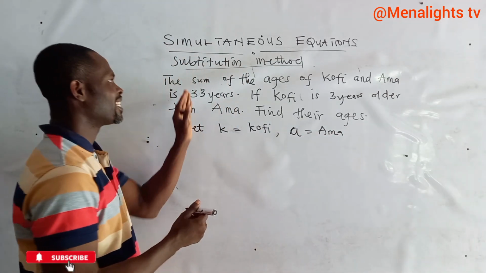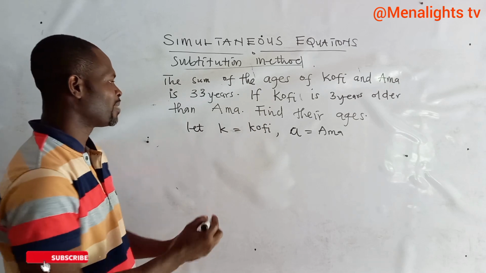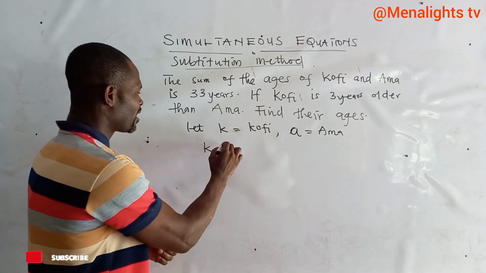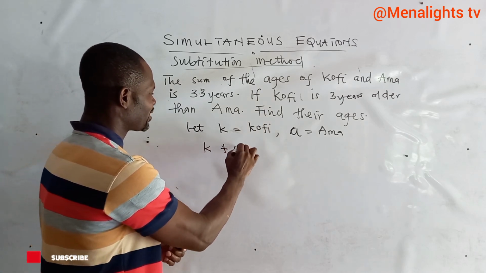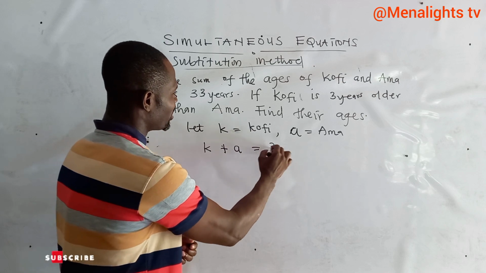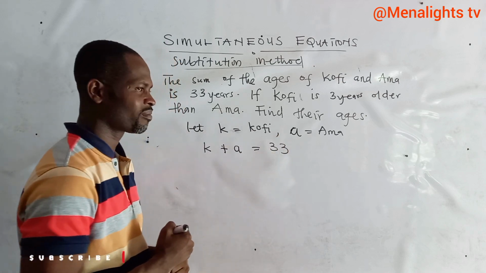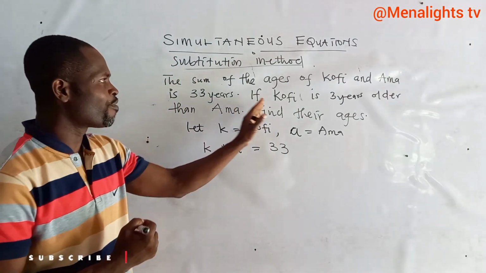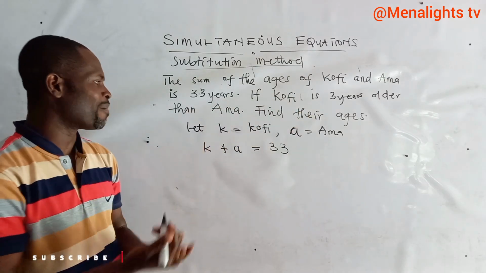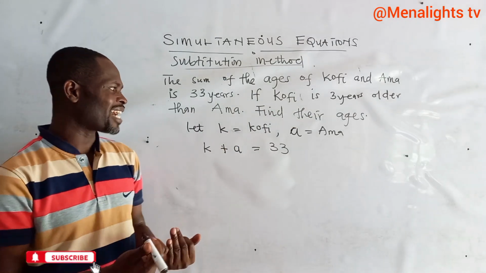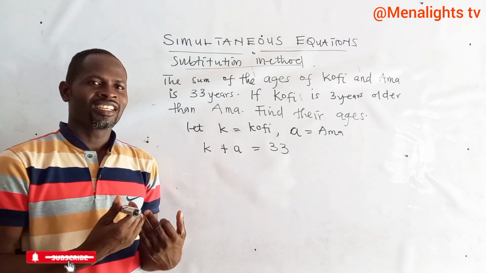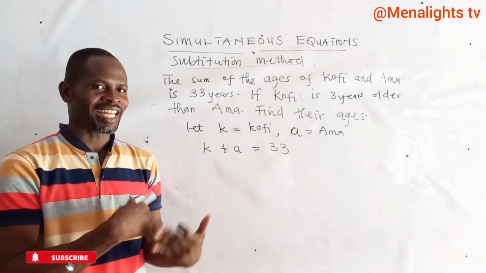So from the question they say the sum of the ages of Kofi and Amma, that means Kofi's age plus that of Amma's age is equal to 33 years. And now from the question they say Kofi is 3 years older than Amma. So that means when we add 3 to Amma's age, we are getting that of Kofi.